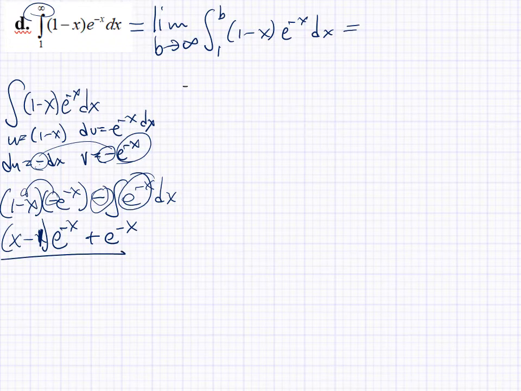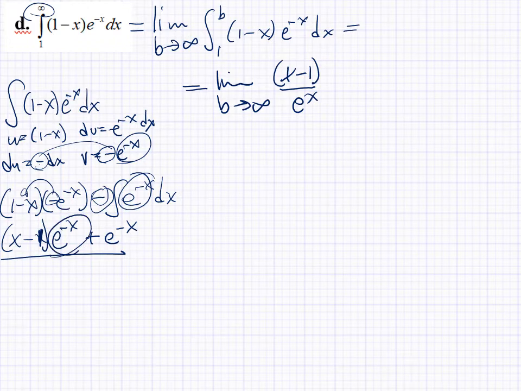So if I fill that into this problem, I have the limit as b goes to infinity of x minus 1. I'm going to write this over e to the x. It's times e to the negative x, but I'll write it over e to the x, plus 1 over e to the x between 1 and b.